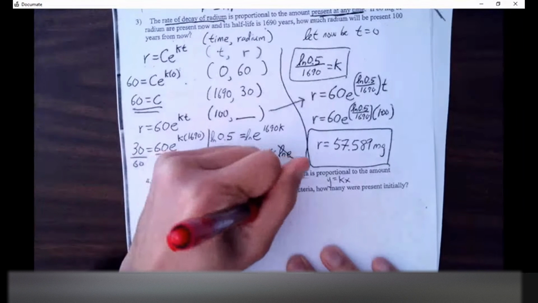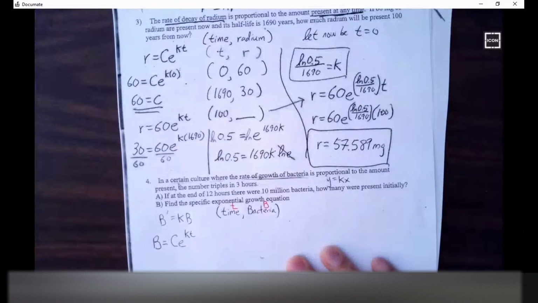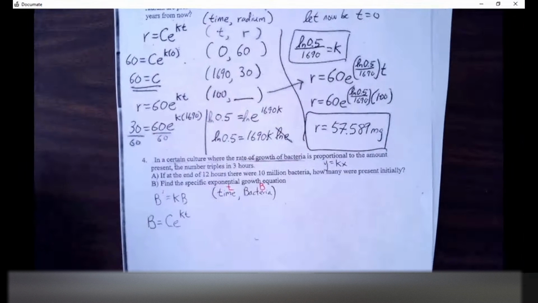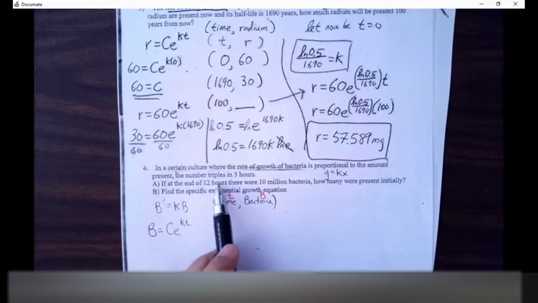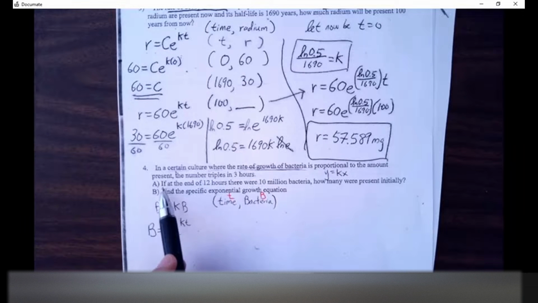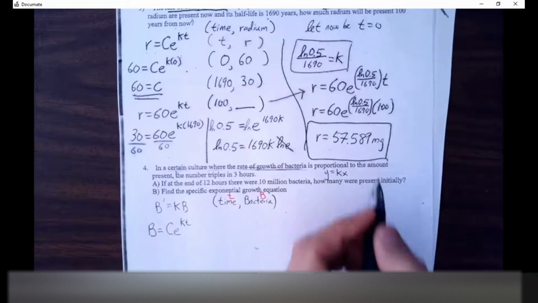We'll let B represent bacteria. Okay, the number is going to triple in 3 hours. Let's read the rest of the statement A here. If at the end of 12 hours there were 10 million bacteria, how many were present initially?